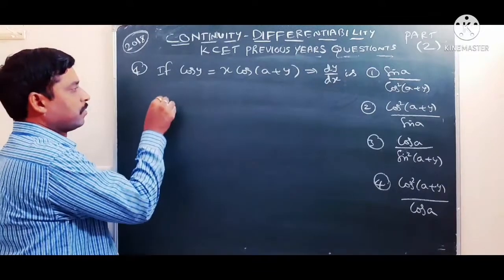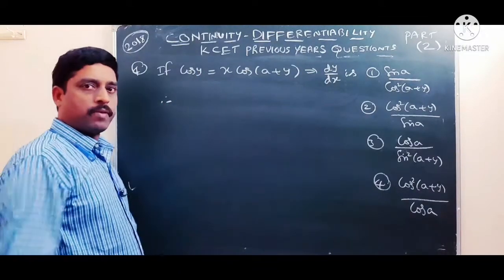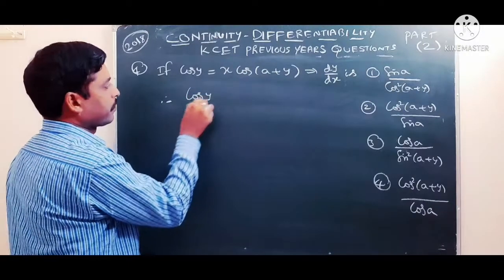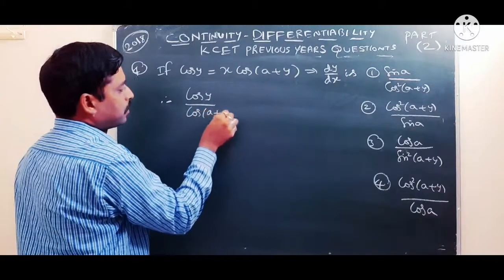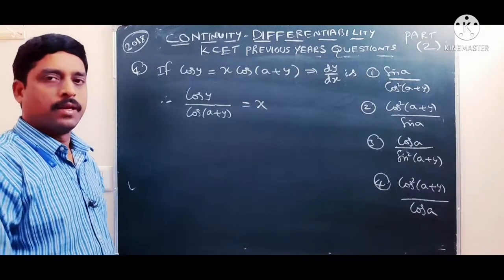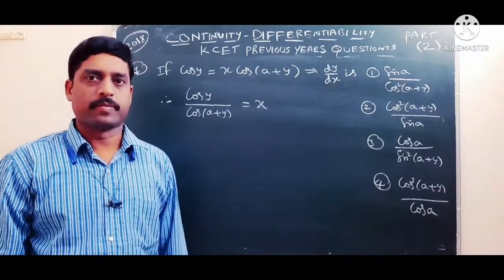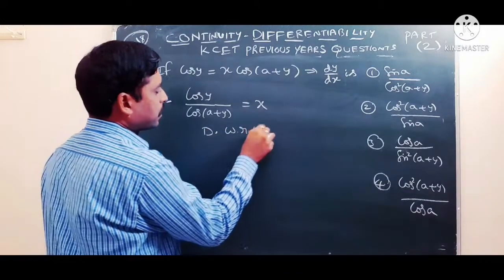Now, from this equation, first we have to find the x value. So x value means cos y by cos of a plus y, this will be equal to x. Now, first we have to find the derivative with respect to y on both sides.